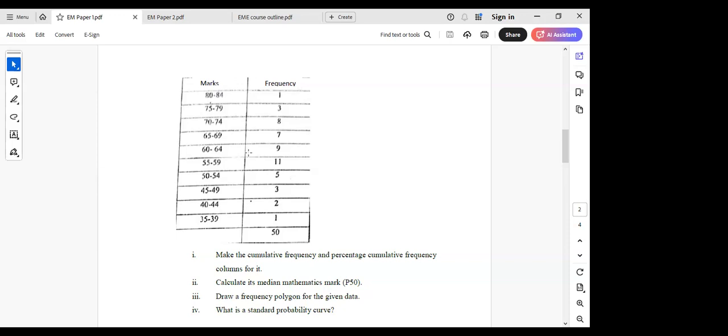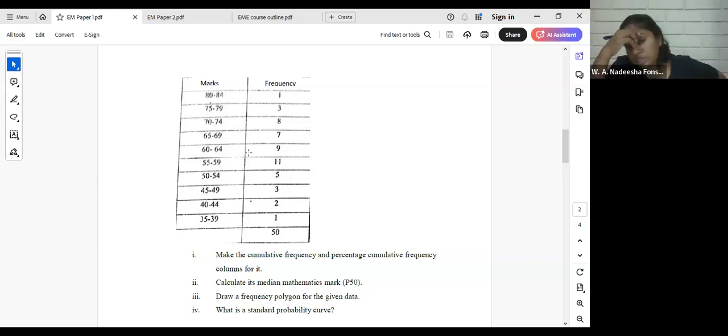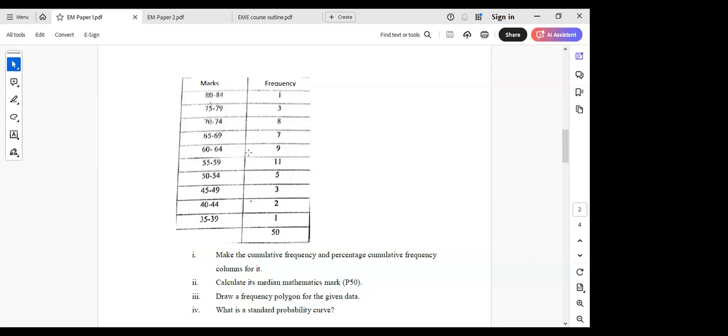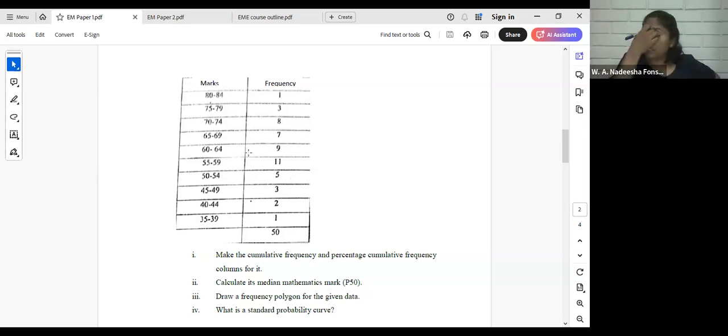L is the real lower limit of the median class. Yes. Then you can substitute those values into that equation and find the answer.